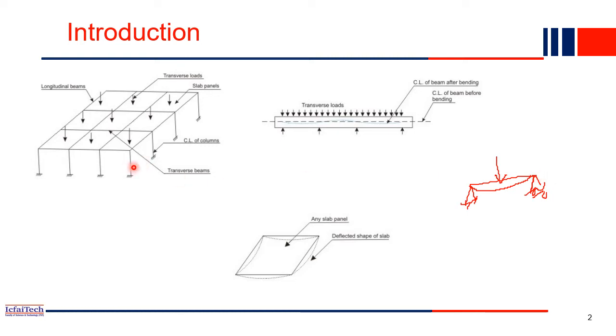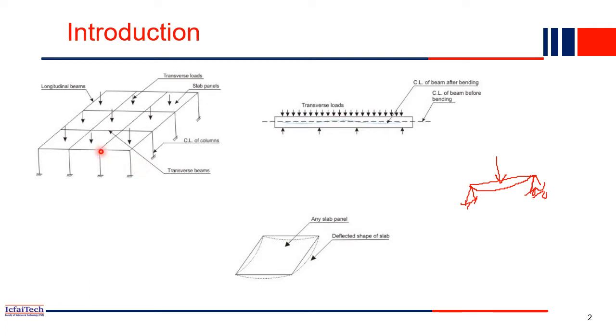So in a column, loads will be acting along the axis, whereas in a beam loads will be acting perpendicular to the member. So in a beam you will find that transverse loads are acting, whereas in a column the loads will be primarily axial loads. Sometimes transverse loads also come, but primarily the load acting on a column is axial load.